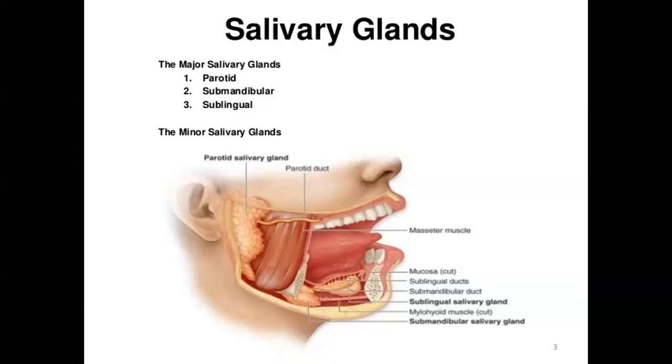There is the mylohyoid muscle, and we cut on that. I can say that there is the submandibular salivary gland.